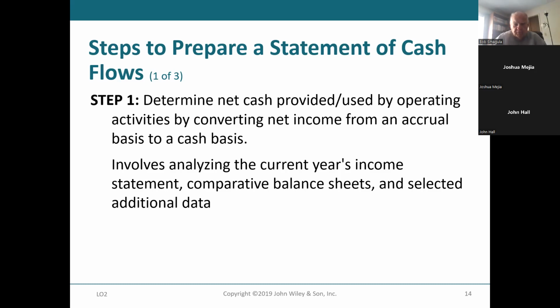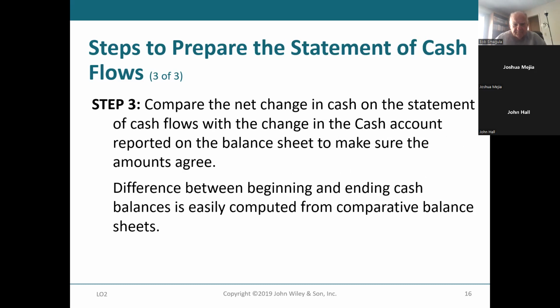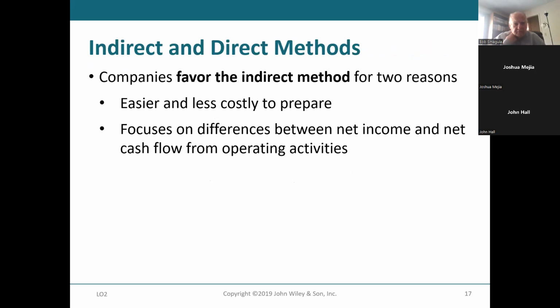So let's see what we have. Step one, step two. Then we're going to look at the changes in the non-current assets and liabilities and record them as investing and financing. Compare the net change. We'll get into this in quite some detail shortly.